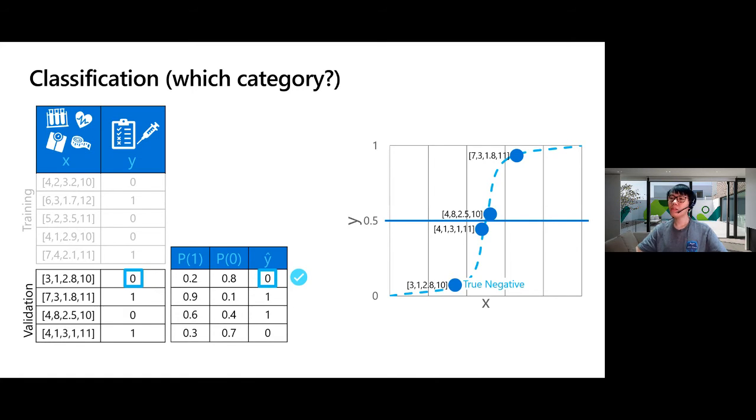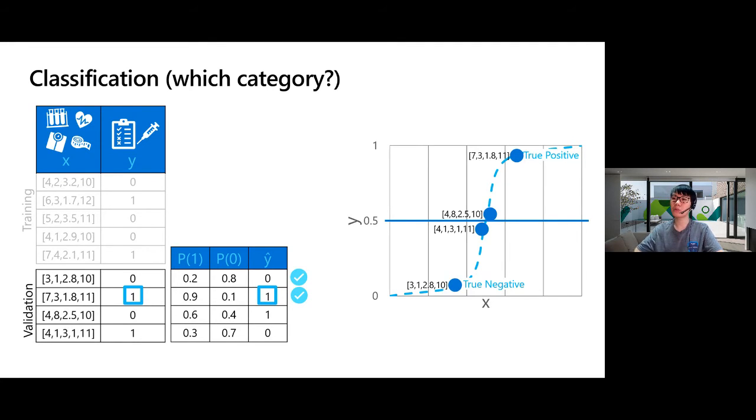So let's look at the first validation case. In this case, the predicted class label is 0, and the actual label is also 0. So the model got it right. It's a true negative. The second case results in the prediction of 1 for the actual value of 1. So again, it's correct.